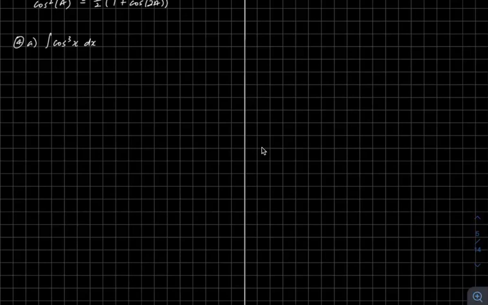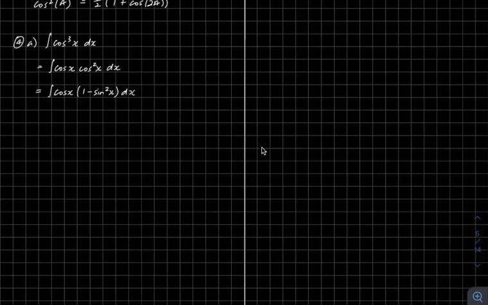Again, we can't use a change of variables straight away. However, if we write that as a single power of cos times cos squared, so cos cubed is just cos x times cos squared x, then using our Pythagorean identity, we can say cos squared x is 1 minus sine squared x.